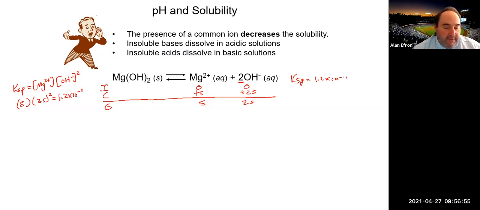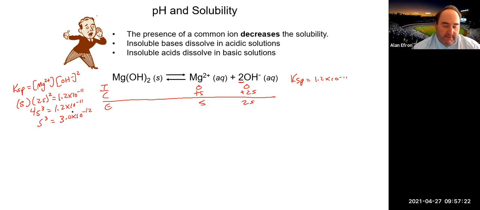Here, doing some of the math, we end up with 4S cubed is equal to 1.2 times 10 to the minus 11. Dividing that 4 to the other side gets us S cubed is equal to 3 times 10 to the minus 12.